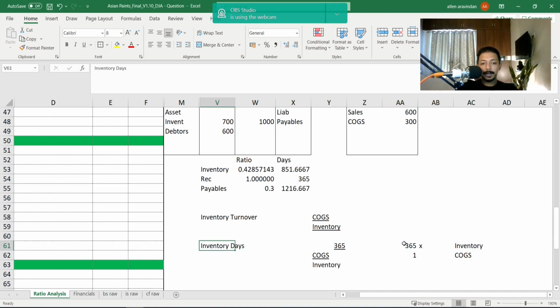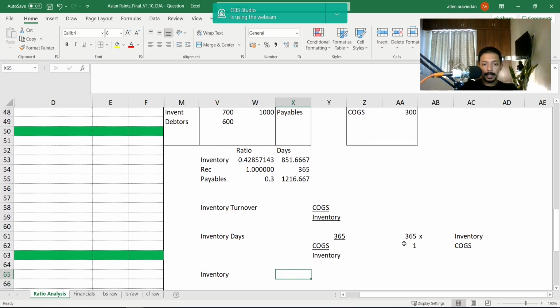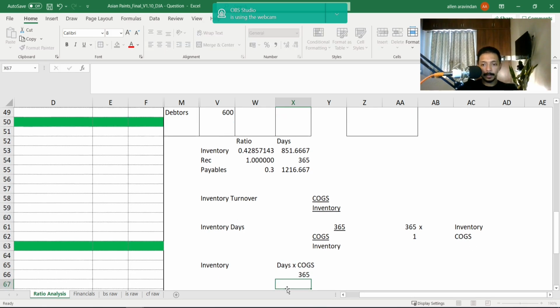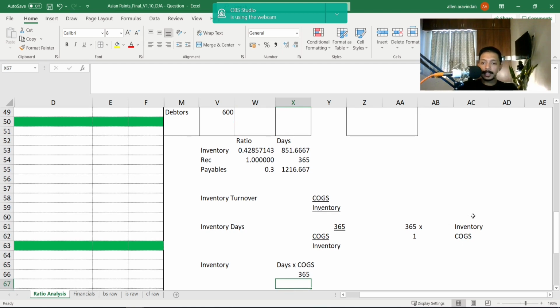Now if you were to calculate inventory, what would you do? You would say inventory is days multiplied by cost of goods sold, because cost of goods sold will go to the left. The 365 will come down, and what you will be left with on the right side will only be inventory.